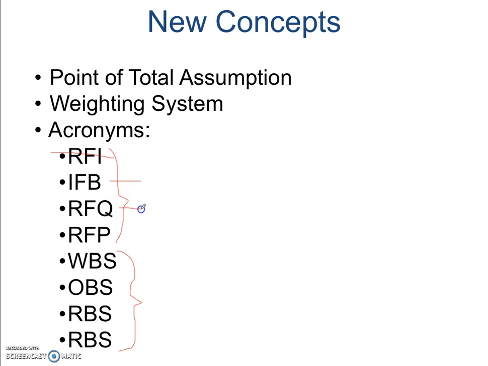A request for quotation is used a lot on short-term projects, which speaks to time and material. It also goes well with time and material. So think of dollars per hour, right?